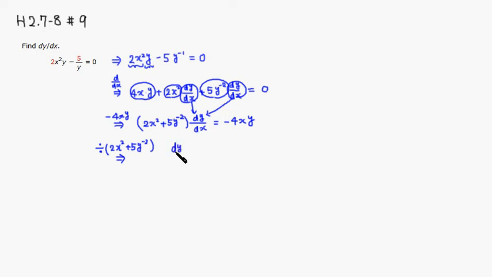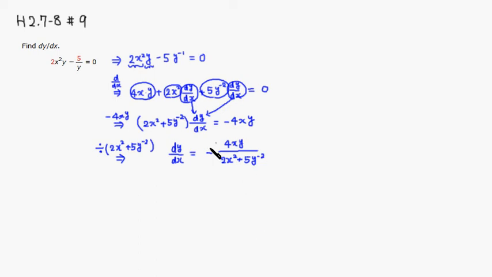So dy over dx by itself is equal to negative 4xy divided by 2x squared plus 5y to the -2.